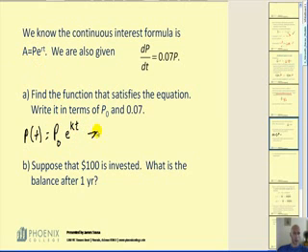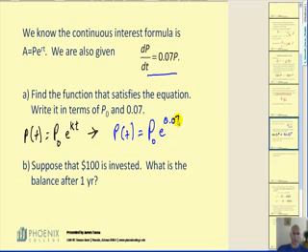So in this case, if this is given, our k, or our growth rate, must be 0.07. Therefore, our function P of t is equal to P sub 0 times e to the power of 0.07t.